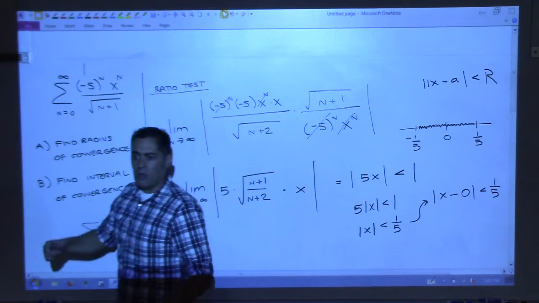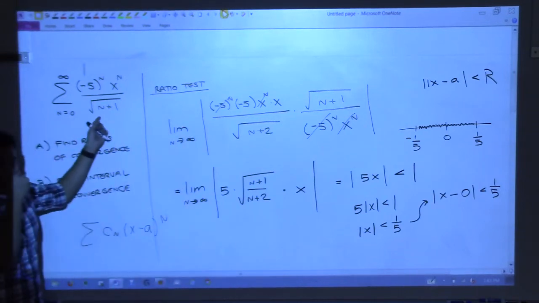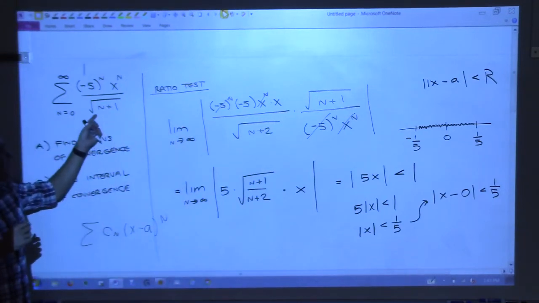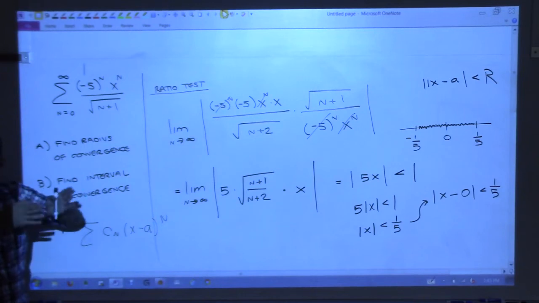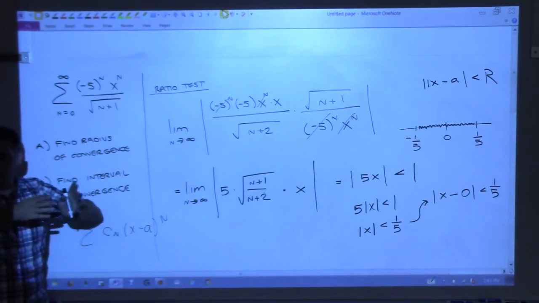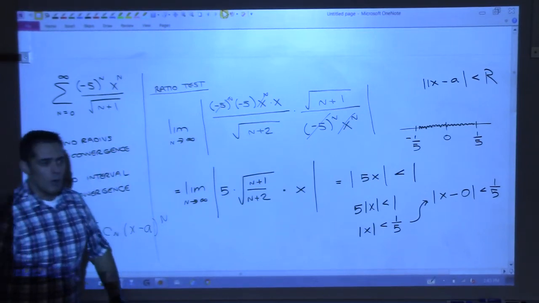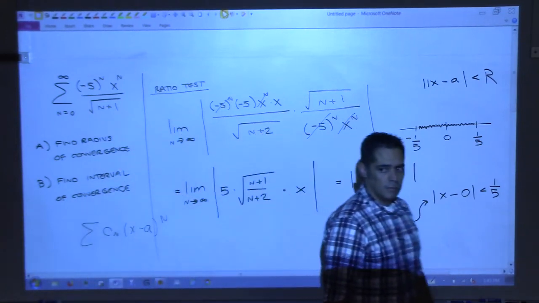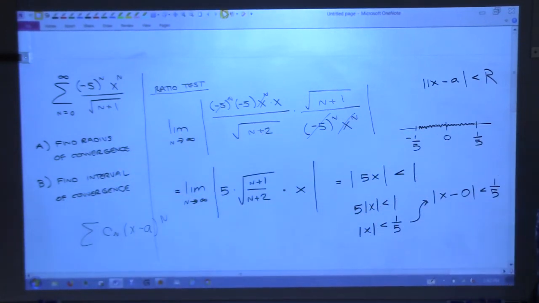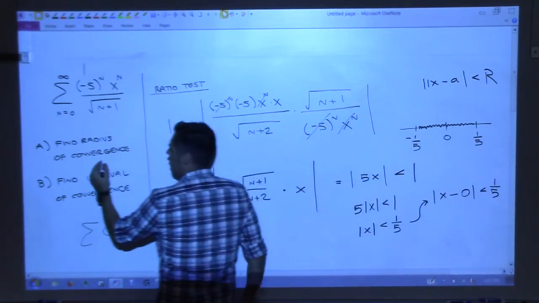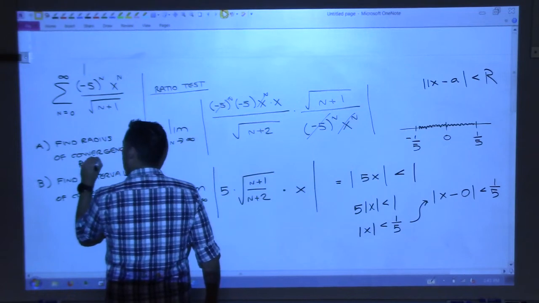If I were to graph this, the picture would exist between negative 1/5 and 1/5. Outside of that, it's not going to work. You all right with that? Okay, now we've answered the first part. Radius of convergence, capital R equals 1/5.